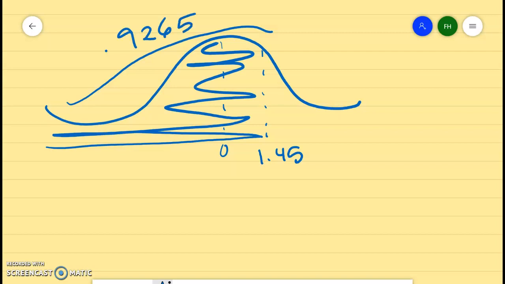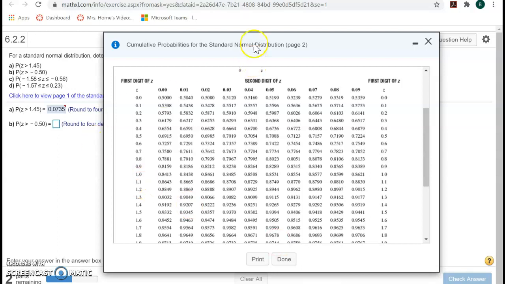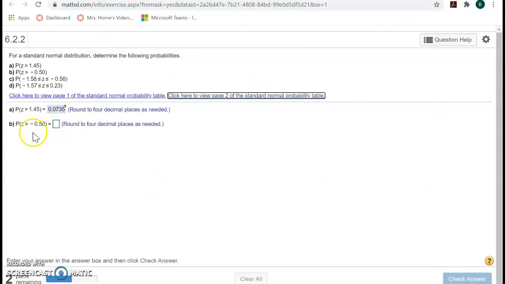To find our side, we want the greater than side, so we say 1 minus 0.9265. When you do that, you get 0.0735, which is the answer.